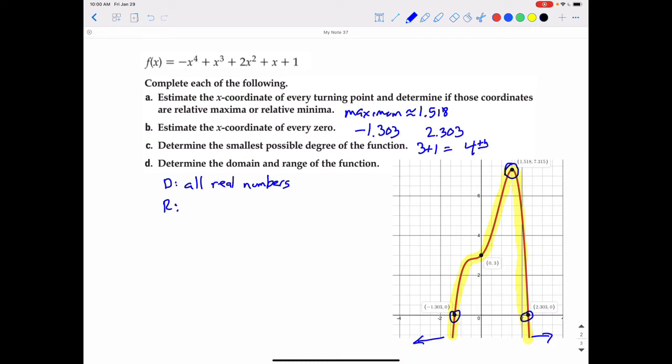The highest point this graph ever gets to is this point up here. It never goes higher than that particular maximum point. Well, since the range is based upon the y value, the range is going to be y is less than or equal to, because it is always below that point, whatever the y value is, which is 7.315.